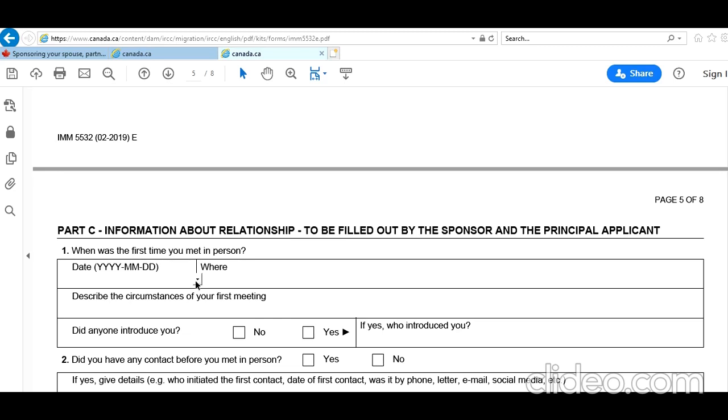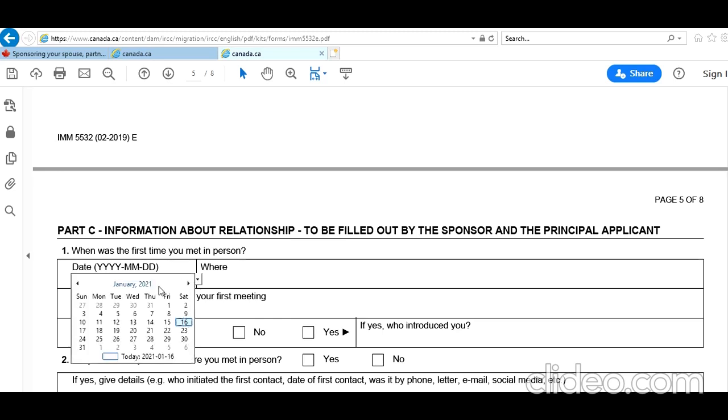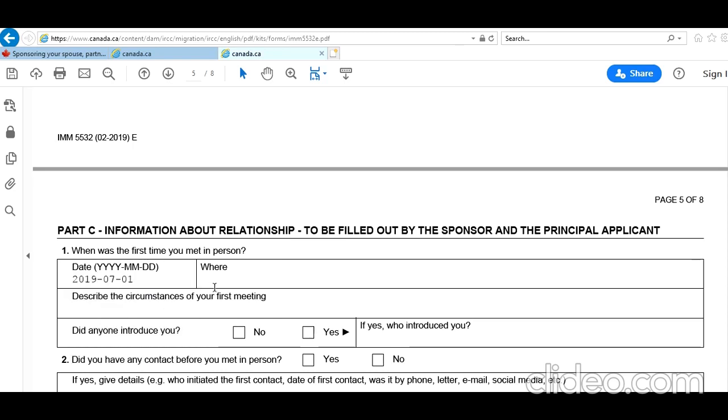But always write based on, let's say, November, or he got in May, right? So July 1st they met. Where? Let's say they met in New Delhi.